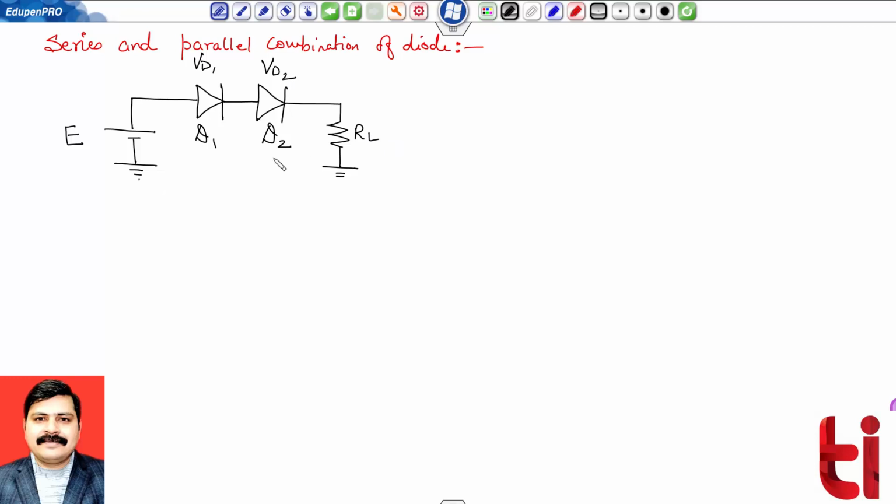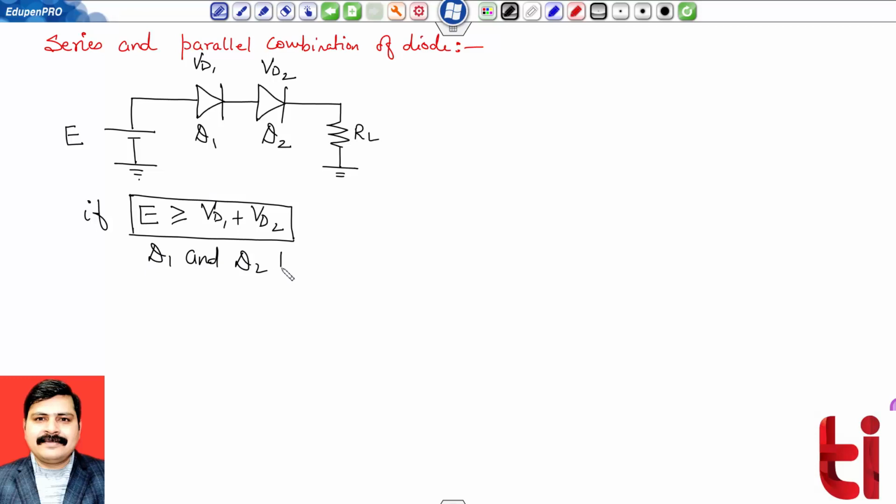For the functioning, the external voltage E should be greater than or equal to VD1 plus VD2. If this condition is satisfied, E greater than or equal to VD1 plus VD2, then diodes D1 and D2 both are forward biased.